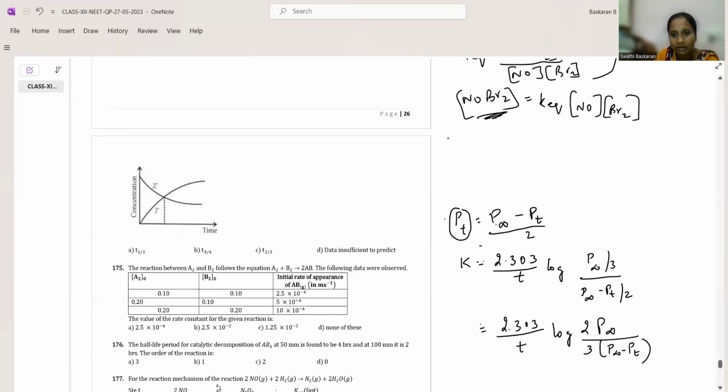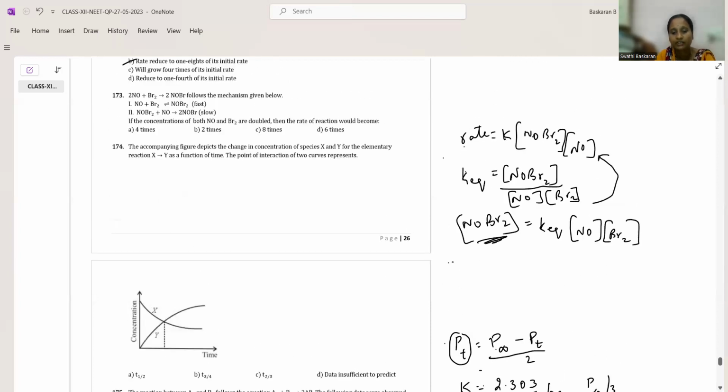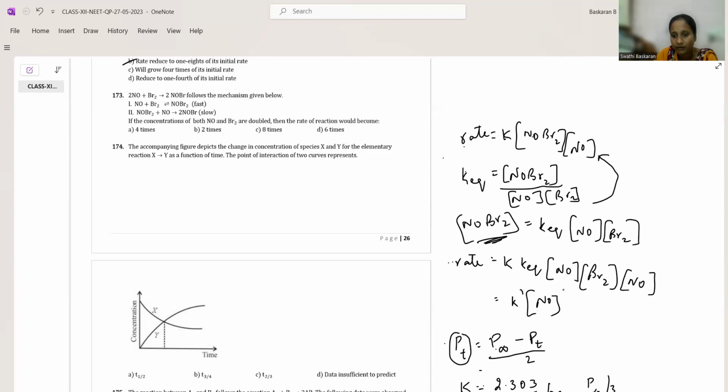So rate will become equal to K into KEQ into NO, Br2, and one more NO was already there. The product of K and KEQ can be written as K dash, and then it is taken as NO square and Br2.